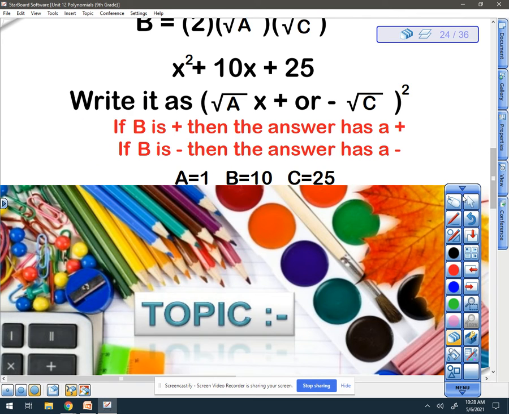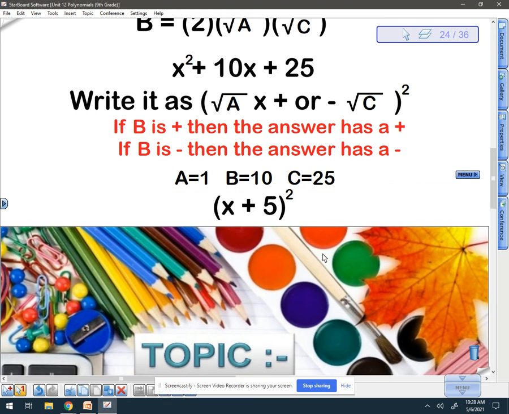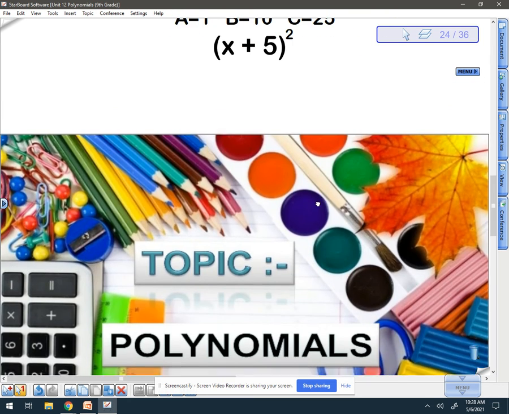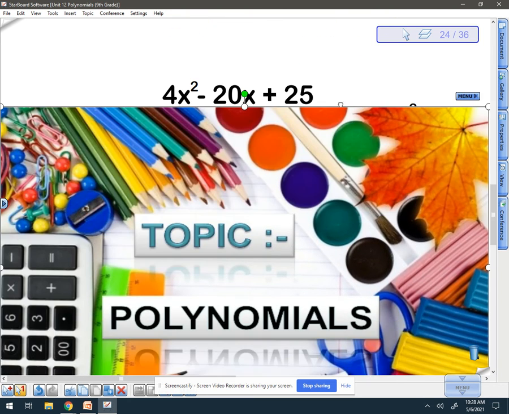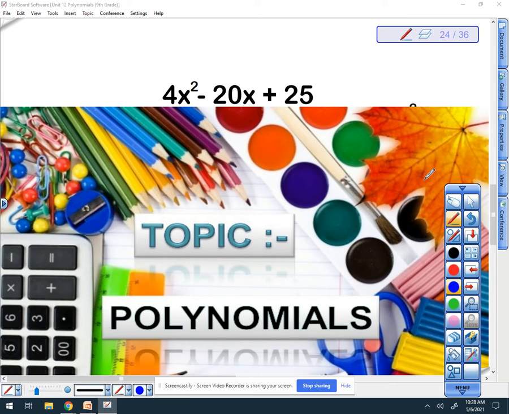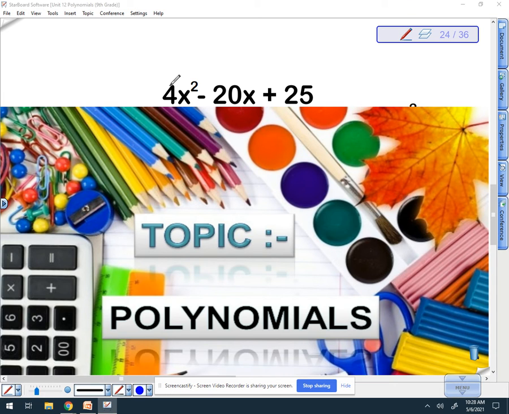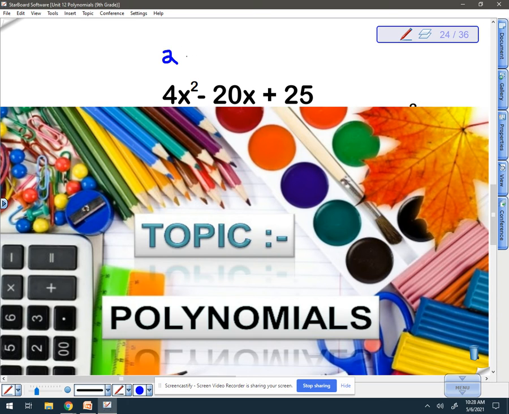So let's do another one. All right, so first we got to check, make sure that we can use our method on this. So the first thing we check, is this a perfect square? Square root of 4 is 2. Yep, so square root of 4 equals 2. What's the square root of 25? 5. So are they both perfect squares? Yep.